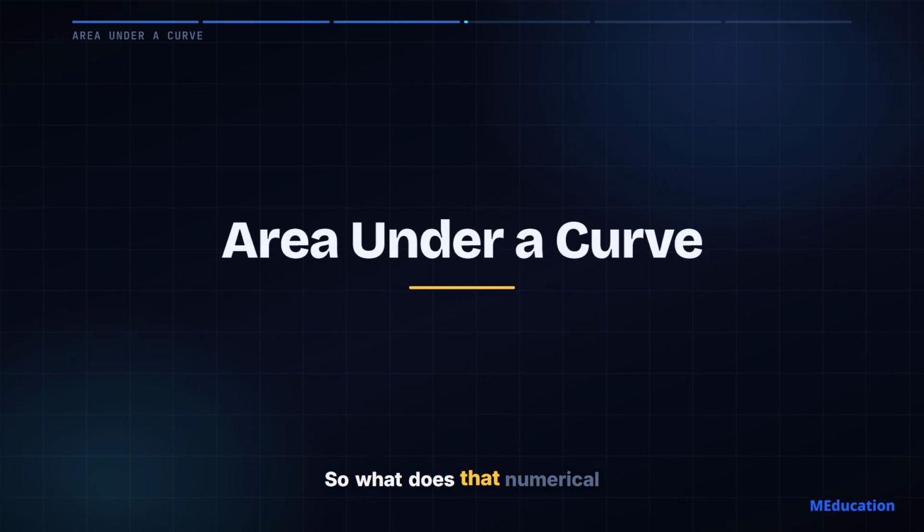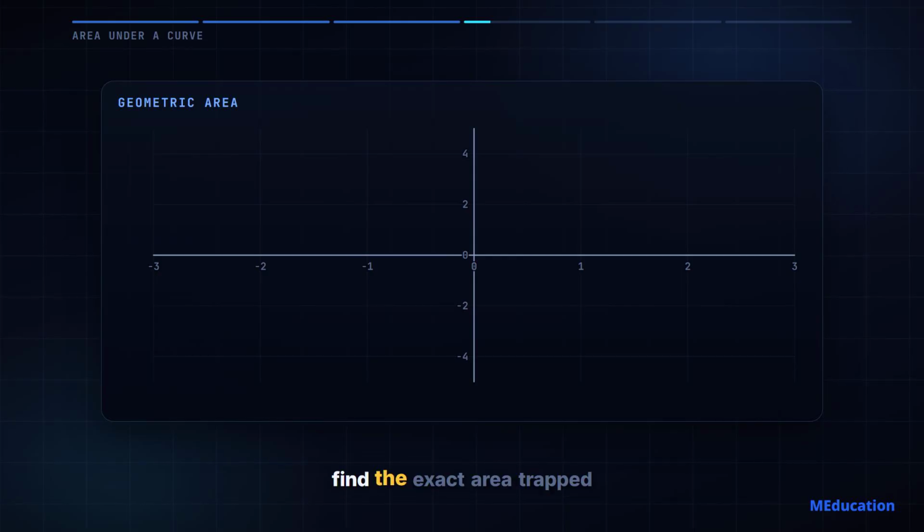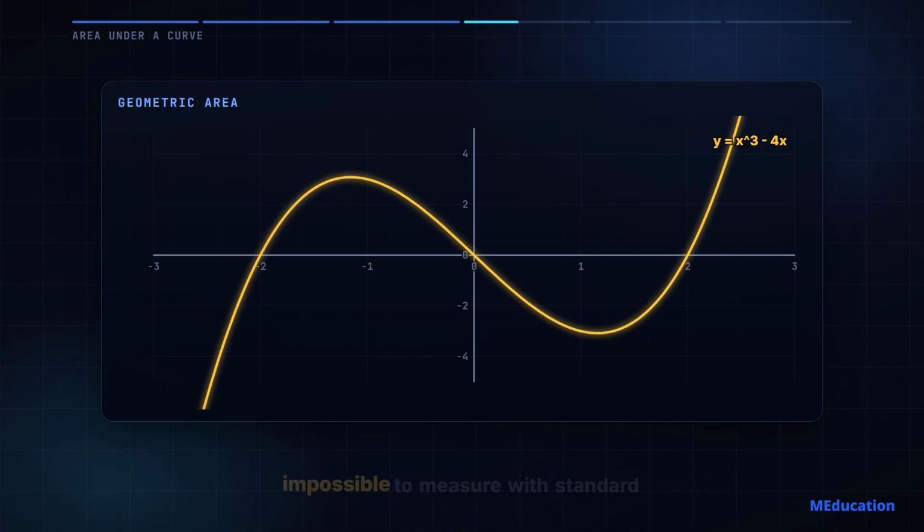So what does that numerical value actually represent? It gives you exact geometric area. Definite integration allows you to find the exact area trapped between a nonlinear curve and the coordinate axes. You will learn to evaluate these regions perfectly, finding shapes that would be impossible to measure with standard geometry.